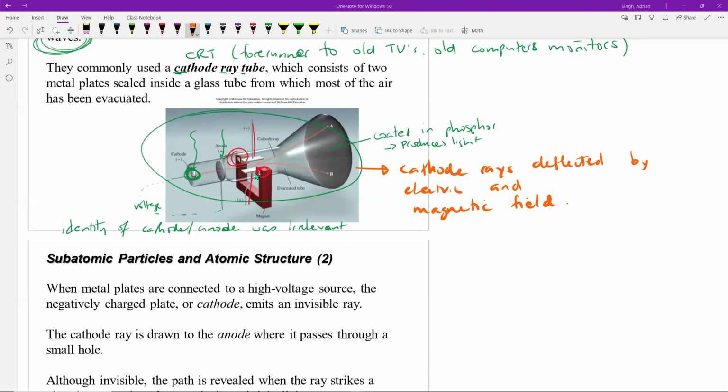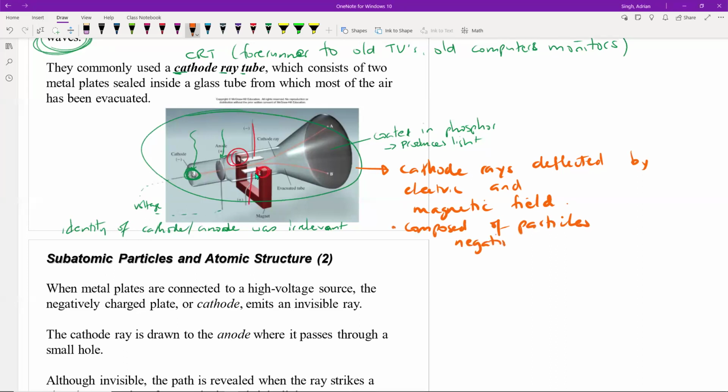What that told them was that these rays, whatever they were, were actually composed of particles. And because they were attracted to the positive electrode in that field, that means that they had a charge, which was a negative charge.